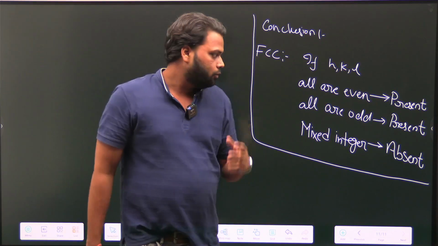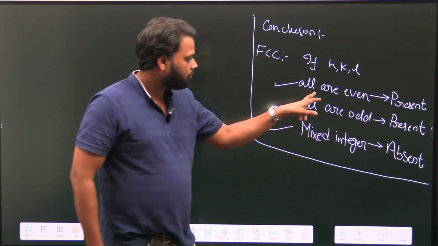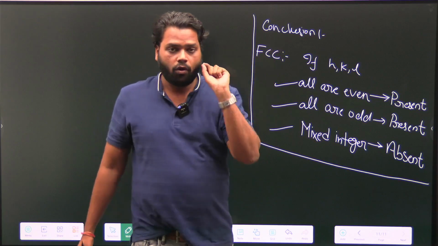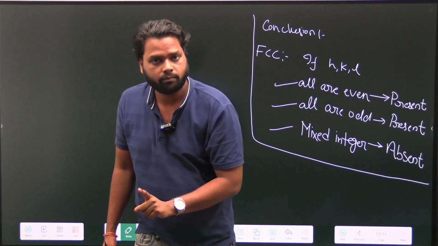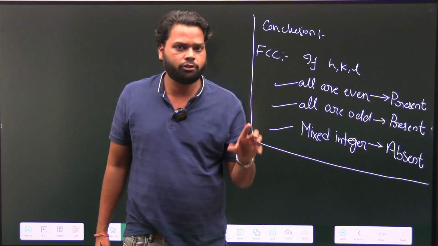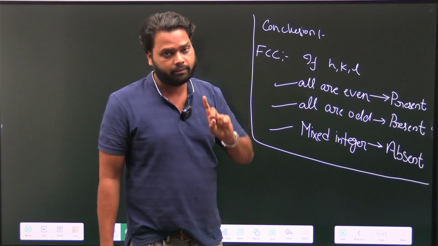Yes, exactly. Whatever happens, read these three statements carefully, everyone, please. All three numbers should be even for the FCC. All three integers should be even, or all three integers should be odd. Only in these two cases we get the diffraction maxima in case of FCC lattice.